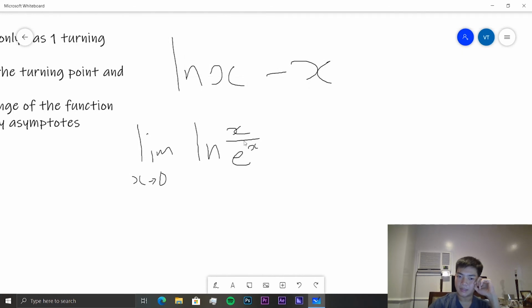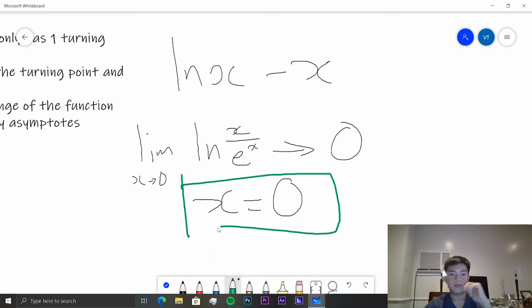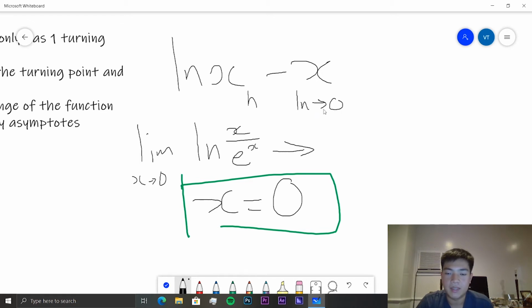Then ln x tends to negative infinity, because as the input to ln tends to 0, the value tends to negative infinity. So x equals 0 is an asymptote.